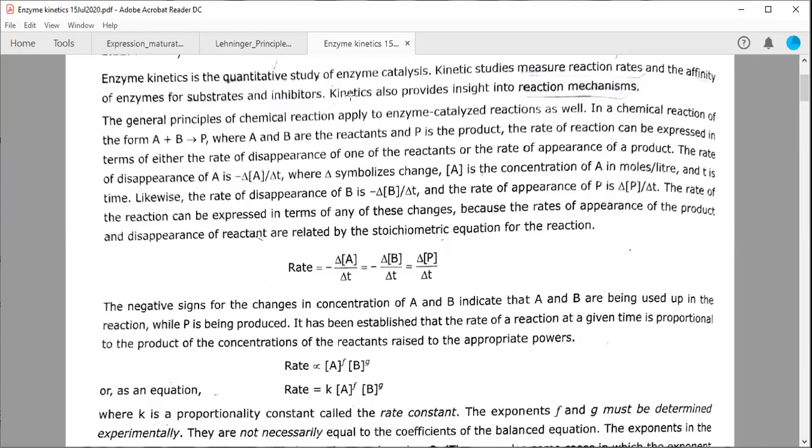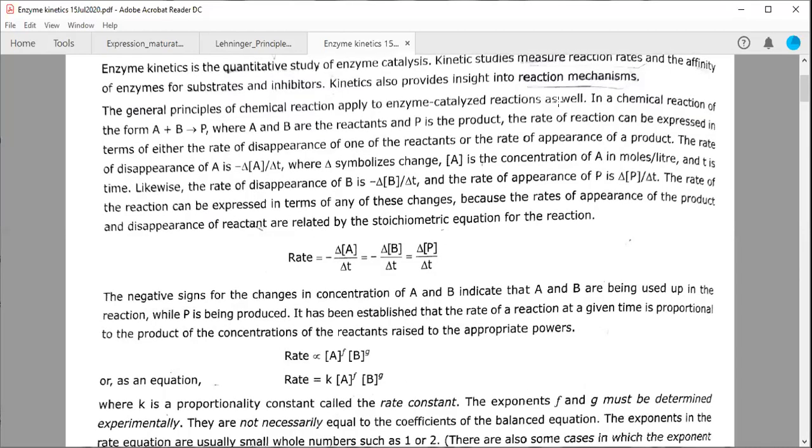Kinetics also provides insight into the reaction mechanism. Not only does it deal with the measurement of reaction rates, kinetics will also help us understand how a particular reaction is going on at the molecular level, for example how an inhibitor is able to bind to this enzyme, whether competitively, uncompetitively, non-competitively and so on.